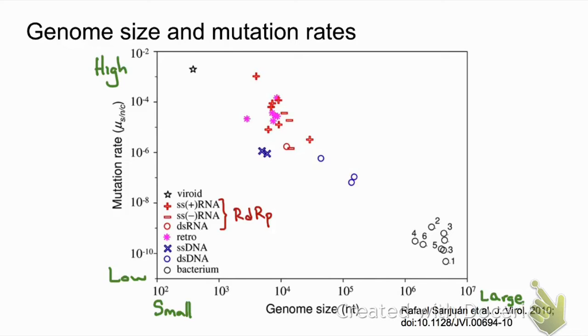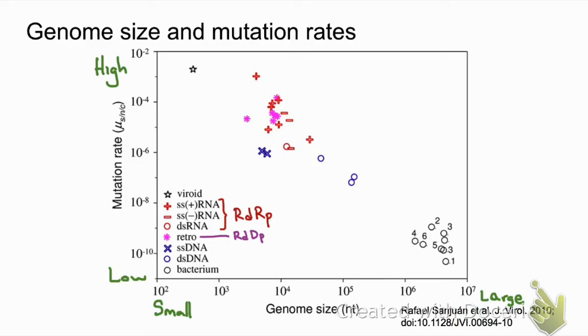So for example, these three here that have single-stranded RNA genomes or double-stranded RNA genomes contain an RNA-dependent RNA polymerase. This is an RNA polymerase that uses a copy of RNA as a template. Retroviruses, like HIV, contain reverse transcriptase.